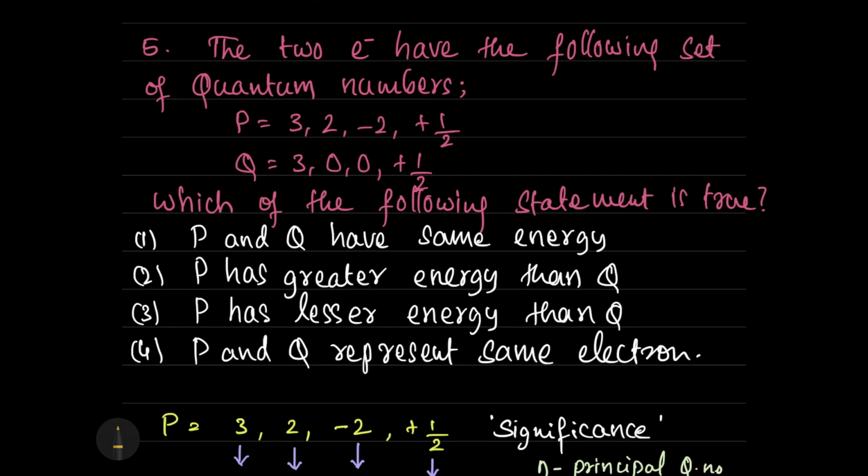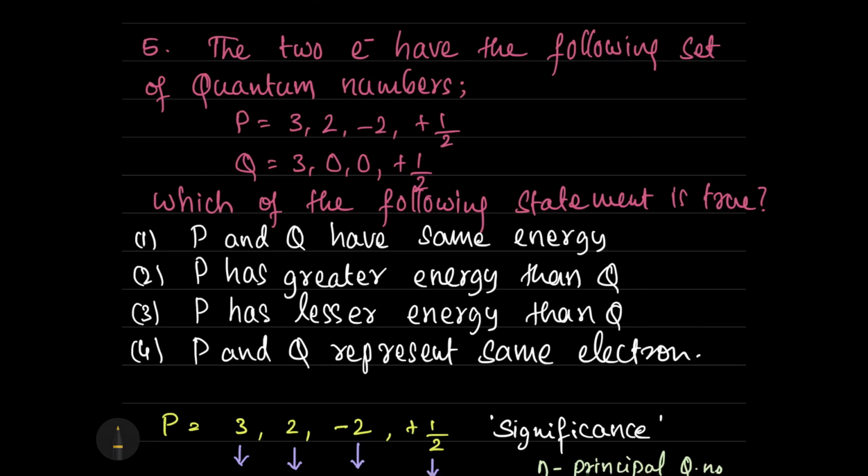Option 1, P and Q have the same energy. Option 2, P has greater energy than Q. Option 3, P has lesser energy than Q. Fourth, P and Q represent the same electron.